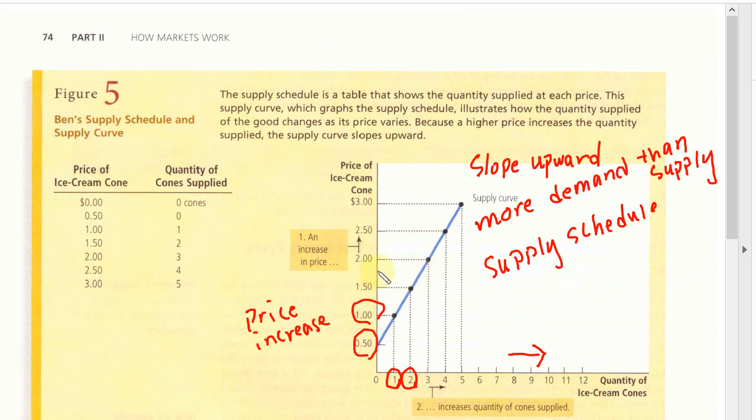Here we have a slope, and here we have a slope, but this slope is upward. So you can easily detect this one.